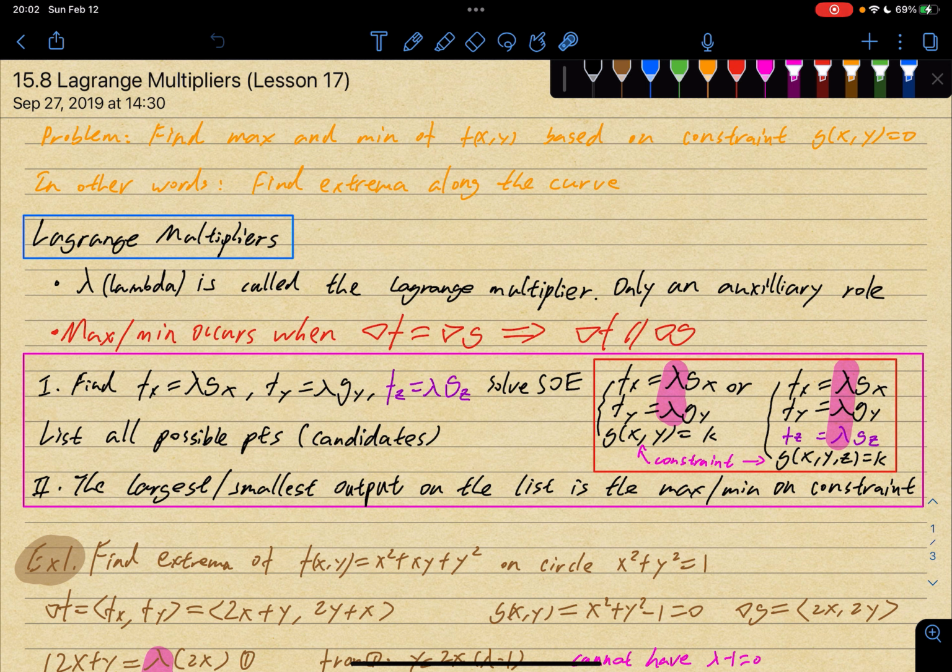Right now I'm just trying to teach you how to solve these problems, but the concept of Lagrange multiplier has a lot of potential in many fields of study, especially in optimization. So let's say you're trying to maximize your strength, minimize your material use, things like that.